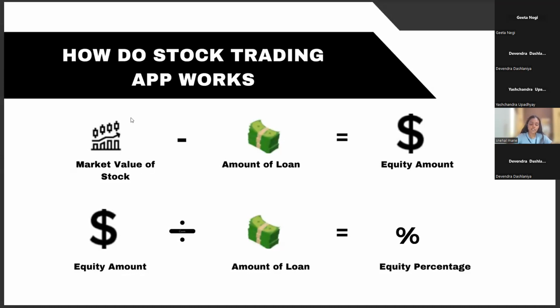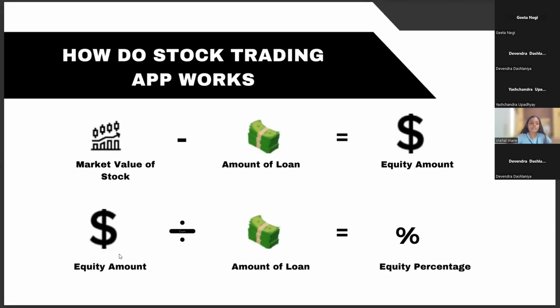Suppose I have 100 shares and the market value is 50 rupees per share. So I will get the market value of stock as 5,000, and I have also taken a loan of 2,000. If I subtract the amount of loan, that is 2,000, from the market value, that is 5,000, I will get the equity amount.